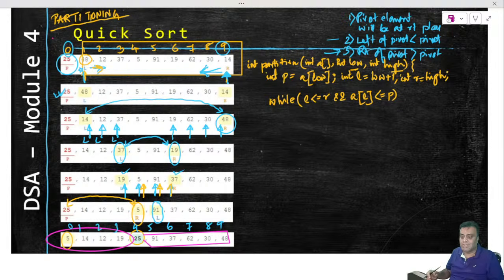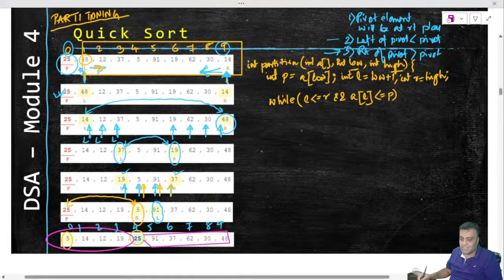So this condition has to be satisfied, then only I can move. L should be less than R, then only I can move forward, and the element at L should be less than equal to the pivot, then only I can move forward. So move forward means what? Move forward means that I will just do an L++. That is my move forward.